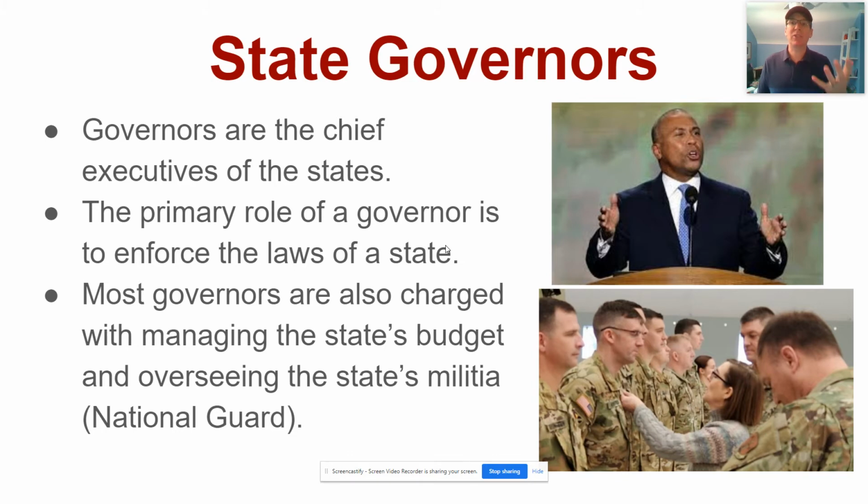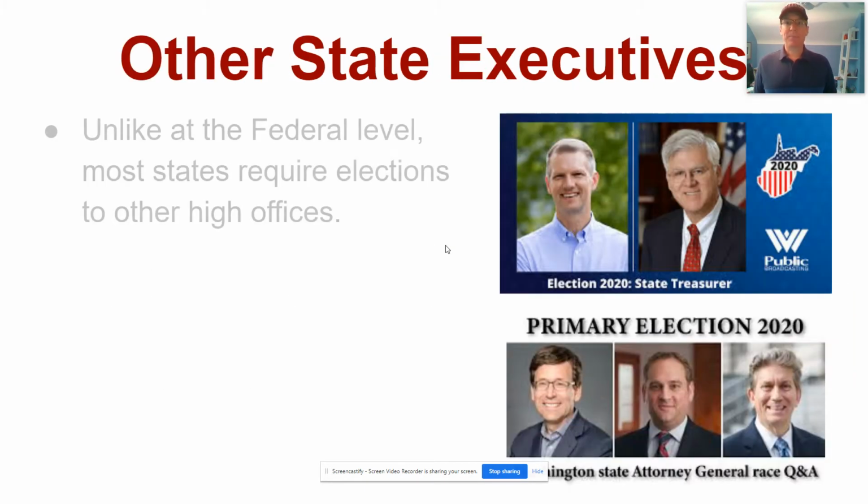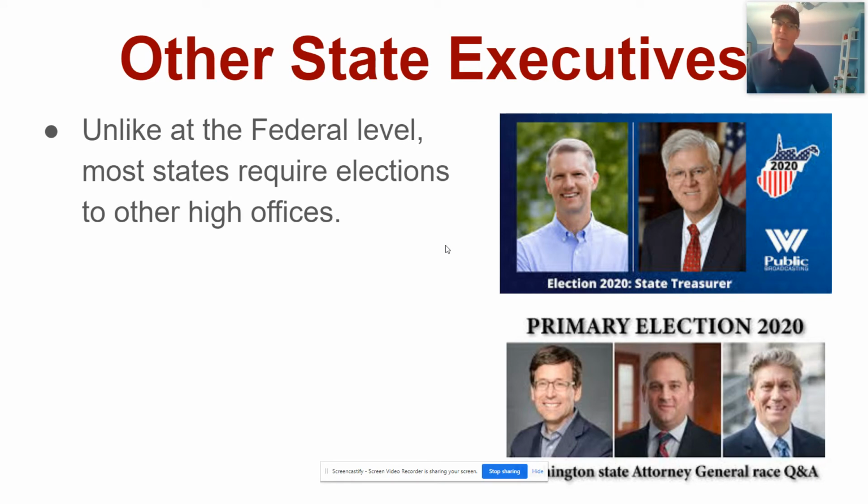So if you hear about the Michigan National Guard or the Ohio National Guard, or the governor's asked for help from the Oregon National Guard, they're talking about the state's formal militia. All right, other state executives. Unlike at the federal level, most states require elections for other high offices.